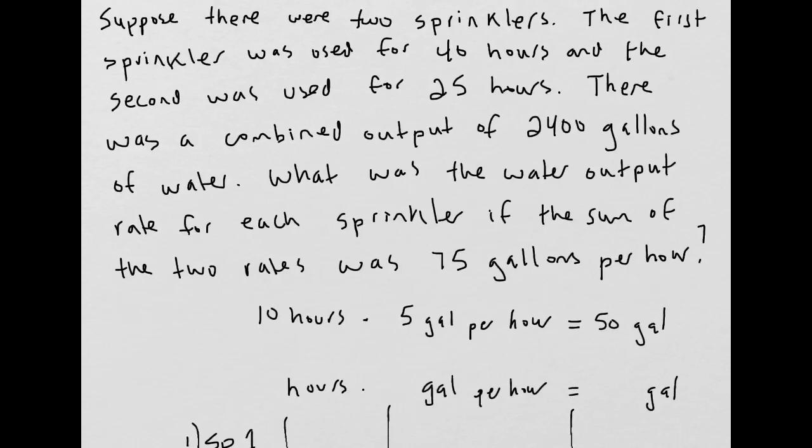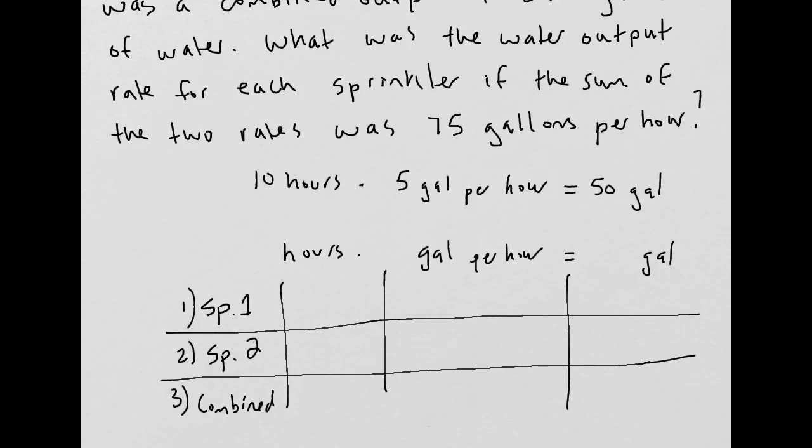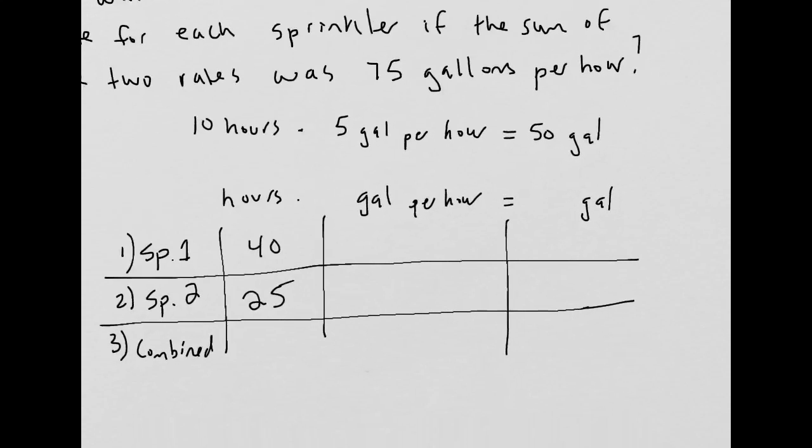So in this case, they tell me that there were two sprinklers. They said that the first sprinkler was used for 40 hours. The second one was used for 25 hours, so I can fill those in. They tell me that there was a total combined output of 2,400 gallons, so that's going to go under my gallons column, in my combined row.